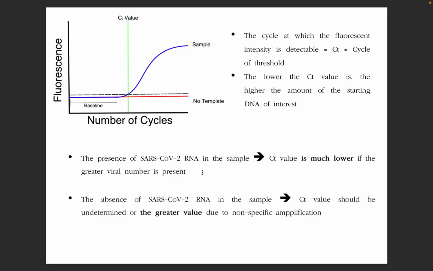For example, if one sample contains SARS-CoV-2 RNA and another does not, the CT value of the sample containing SARS-CoV-2 RNA must be much lower than the CT value of the sample that does not contain SARS-CoV-2 RNA.